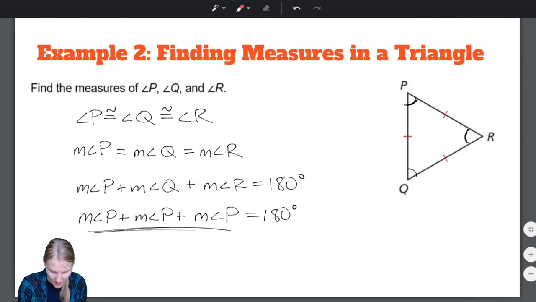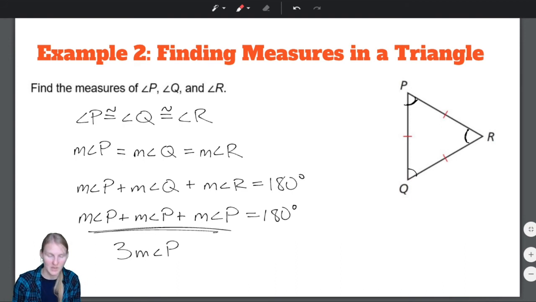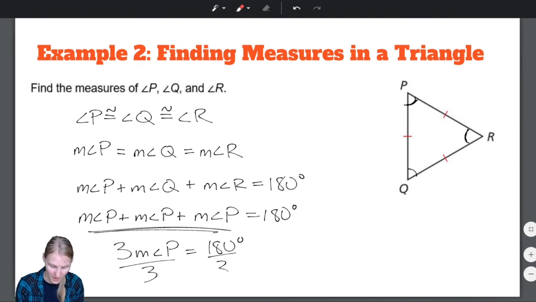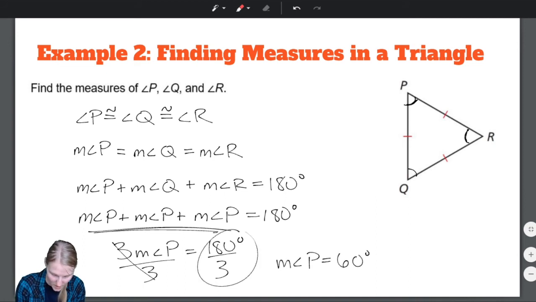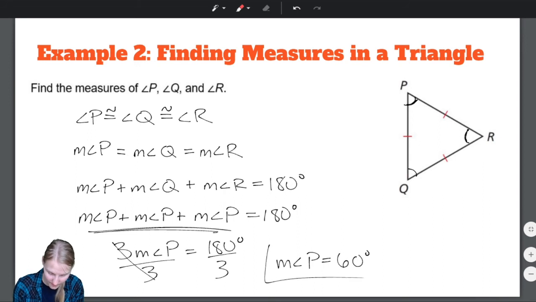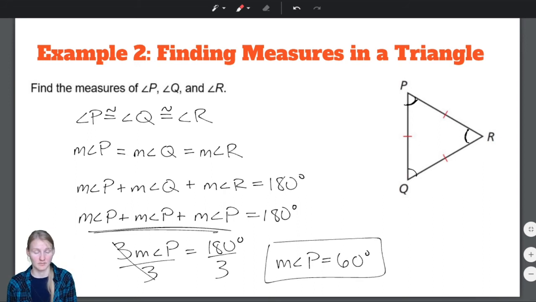And this gives us 3 measure of angle P's, right? There's 1 here, and 1 here. So if I add them all together, I have 3 of them. This equals 180 degrees. If I divide by 3, I get that the measure of angle P is equal to 180 divided by 3, which is 60.